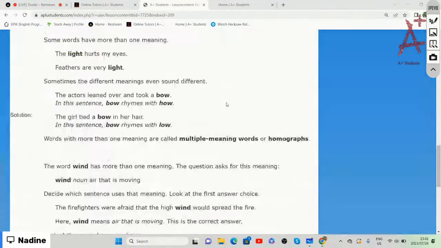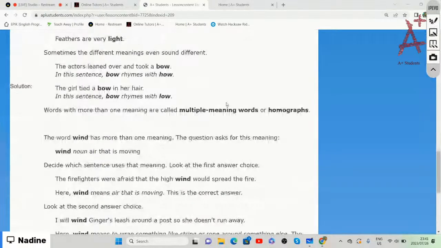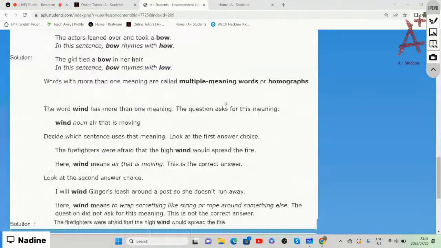And now, if we scroll down, we go to the different meanings of wind. It says wind has more than one meaning, right? We need to choose the correct sentence that matches wind, which is a noun, the air that is moving, which has to do with the weather, right?